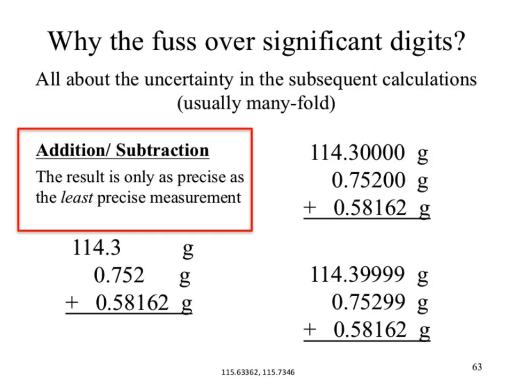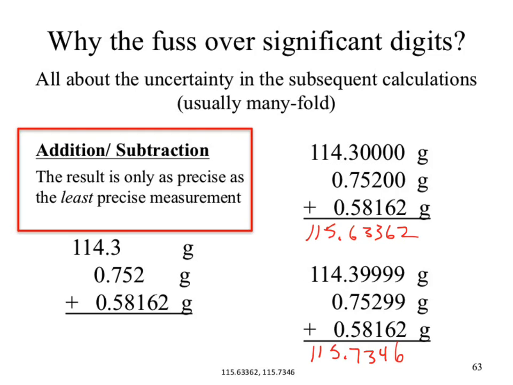Well, in the bottom case, because again, that whole arithmetic, I'm awesome at it, 115.7346, versus what we had before, 115.63362. Is that a significant difference? Yeah, we went from 0.6 to 0.7. Okay?